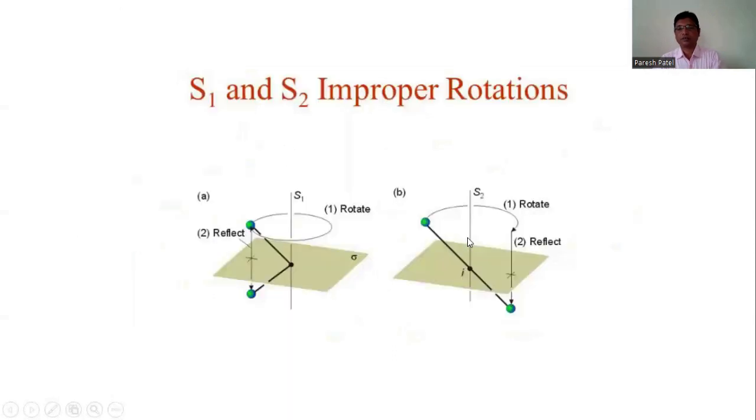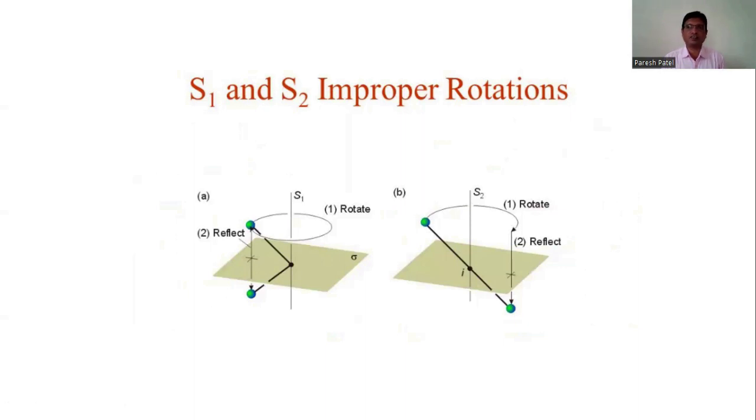So I think these are the five symmetry elements and symmetry operations. The first one is identity, which can be designated by capital E. If you operate the identity symmetry operation on a molecule, it remains unchanged. There is no change in the position of the molecule. The second symmetry element is the proper axis of symmetry, which can be designated by Cn.